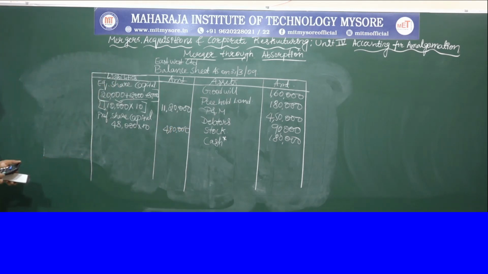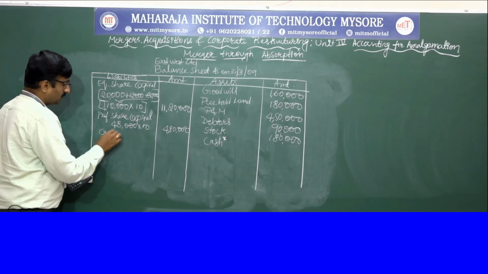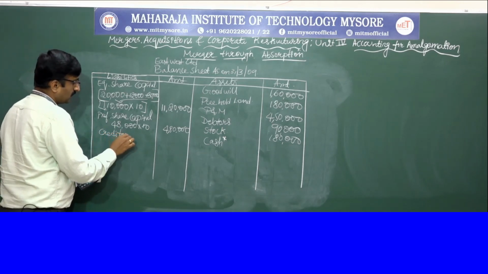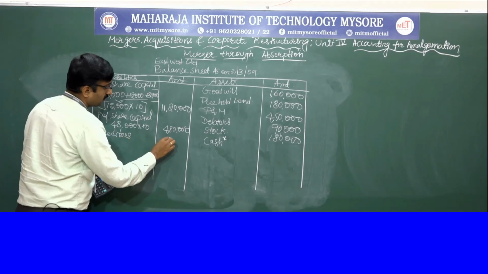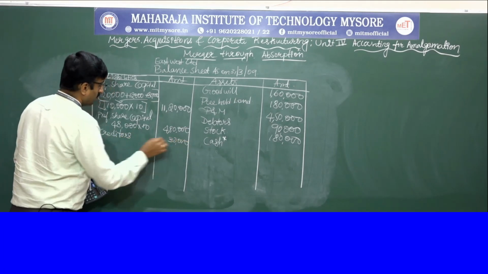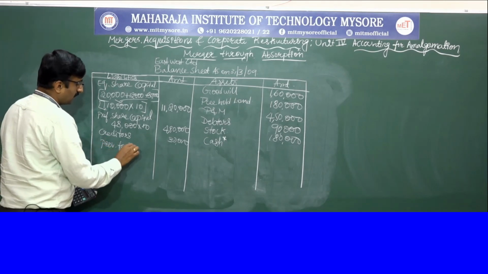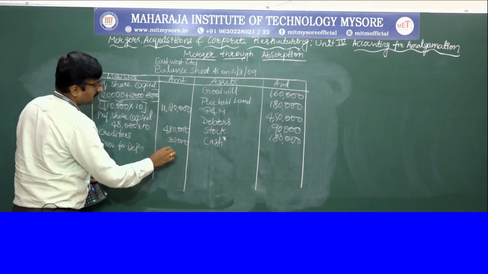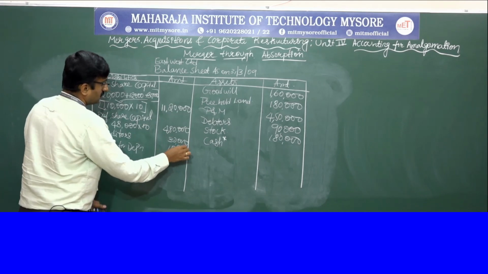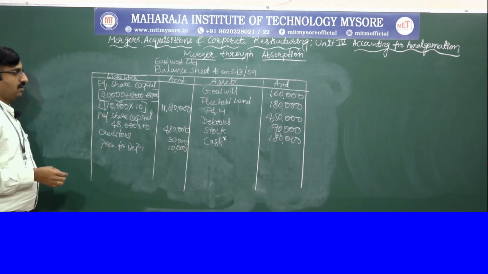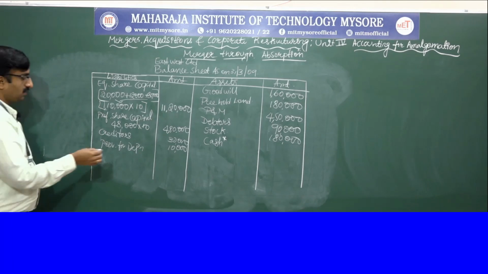That is the preference share capital. Next, creditors put together and provision for depreciation. Creditors 10 plus 20 is 30,000, and provision for depreciation is 10,000.